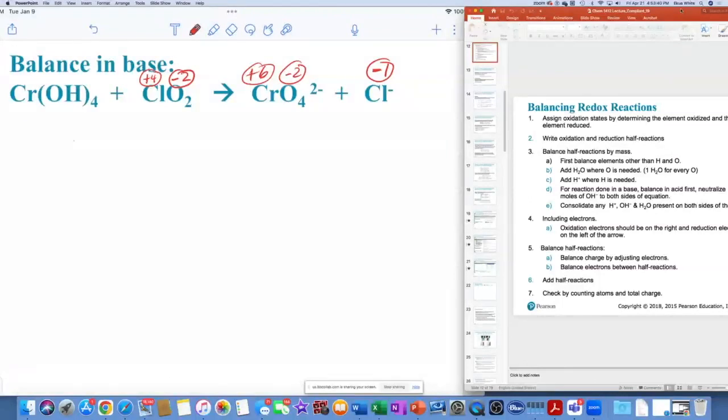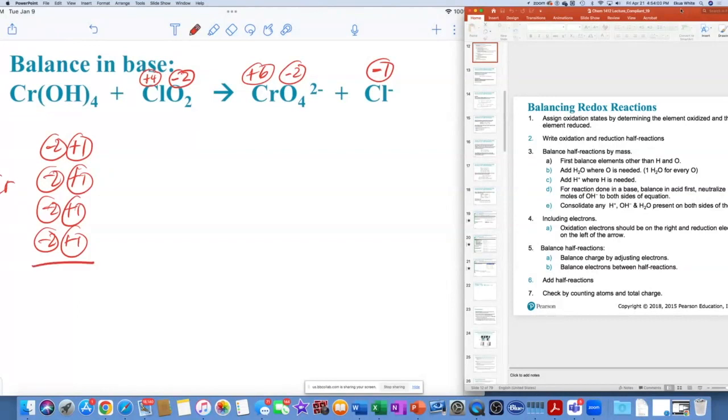Okay, and then you have +1 for each hydrogen, right? But there's 4 hydrogens, +1, +1, +1, and then each oxygen is -2, -2, -2, -2, right? So when you look at this, there's 4 of these. So what must chromium be for the whole compound to be 0?